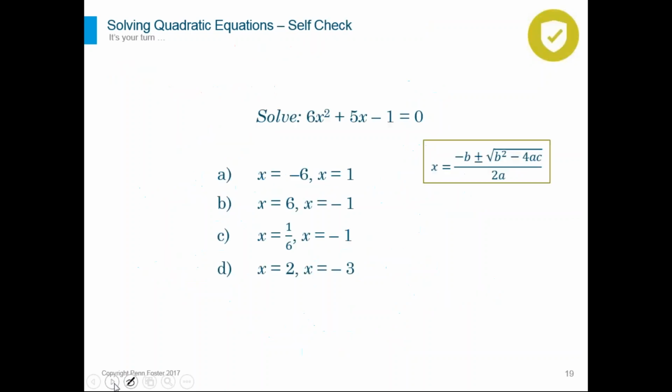So next is a self-check. Use the formula, or you can try to factor, to come up with the values of x to solve this equation: 6x squared plus 5x minus 1. I'm going to keep the screen for a few seconds so you can copy down this formula in case you want to use it, and then I'm going to switch to my question.